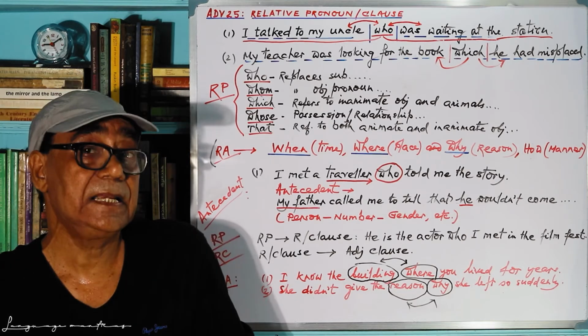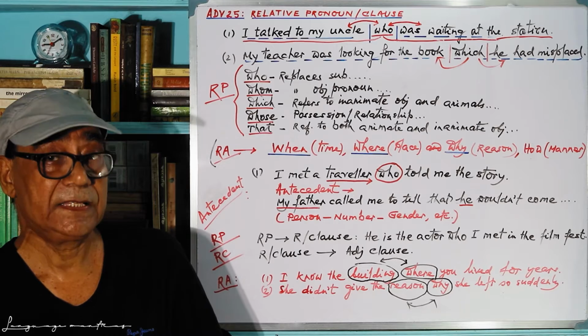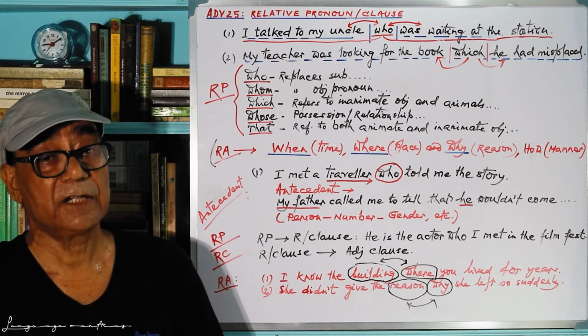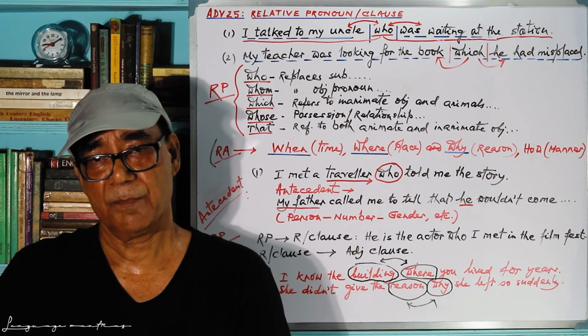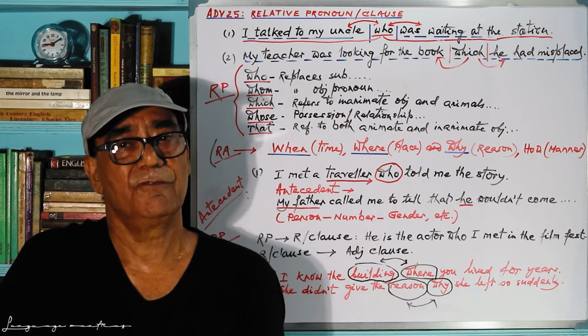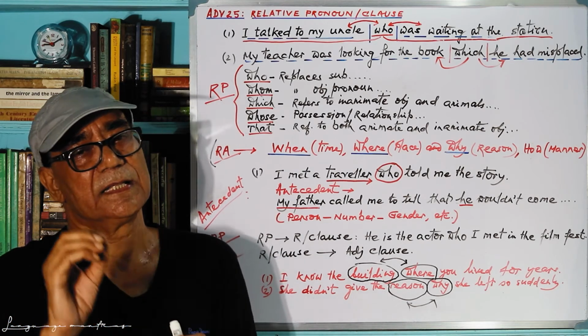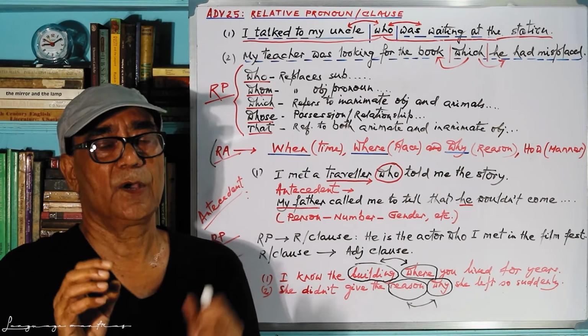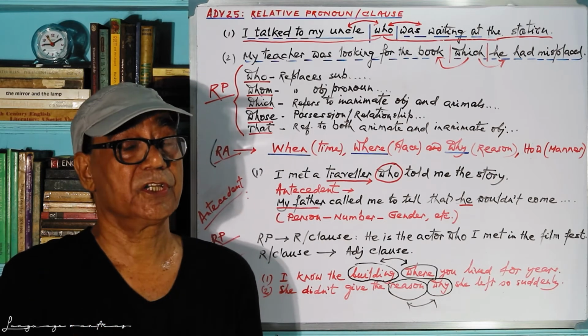Now we come to relative adverbs. We are talking about the adjectival clause. So why adverb? That is the interesting part. Sometimes some relative adverbs function to join two parts, the same way relative pronouns do.